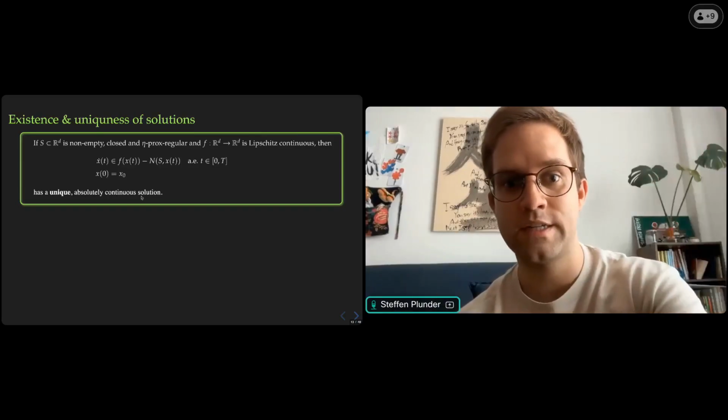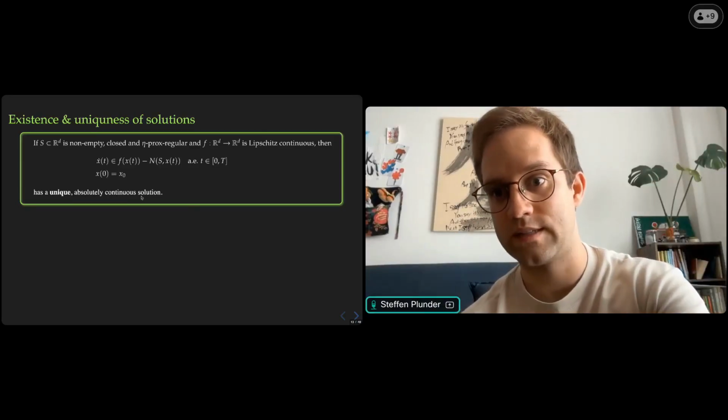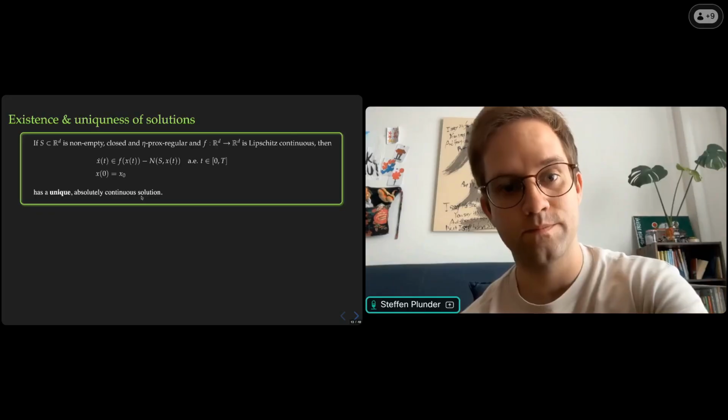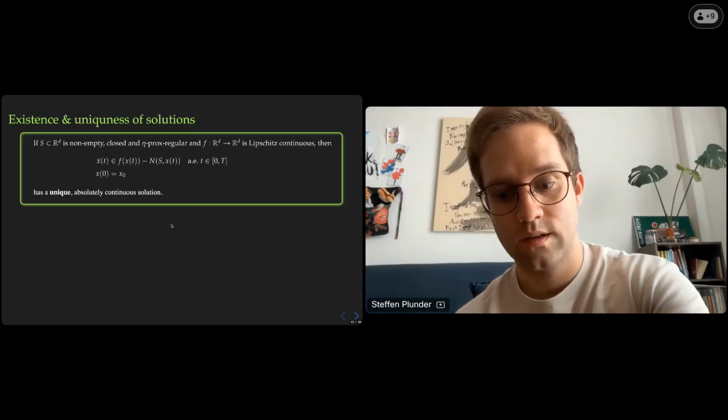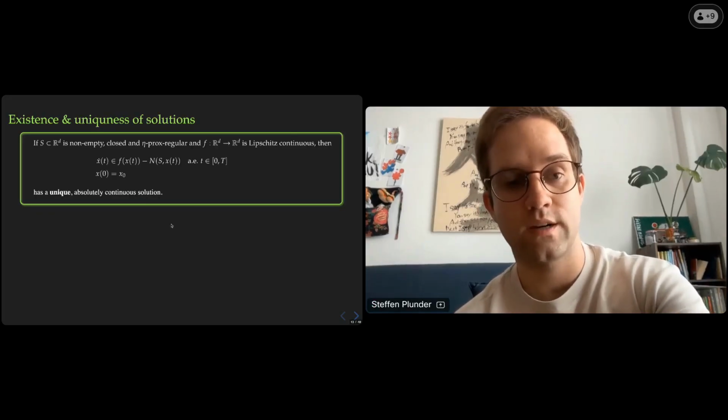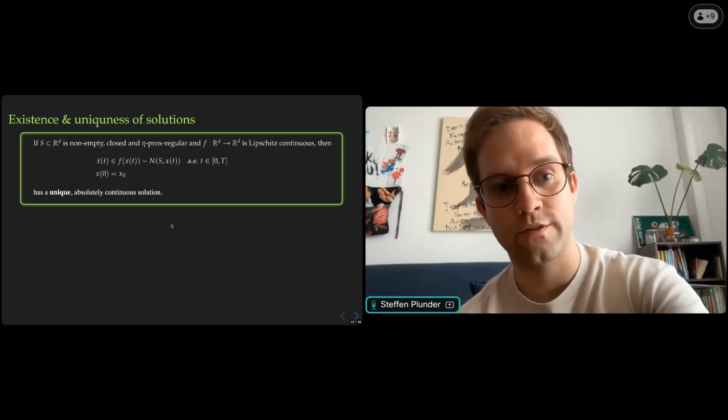But on a set of measure 0, it might not exist. But in particular, the solutions are continuous. So these are functions one can work with, so to say.